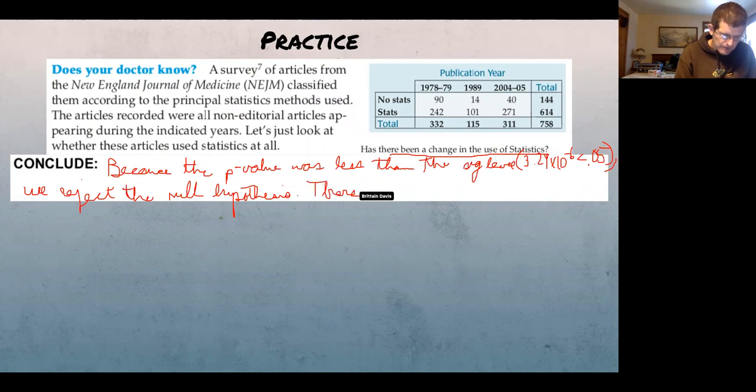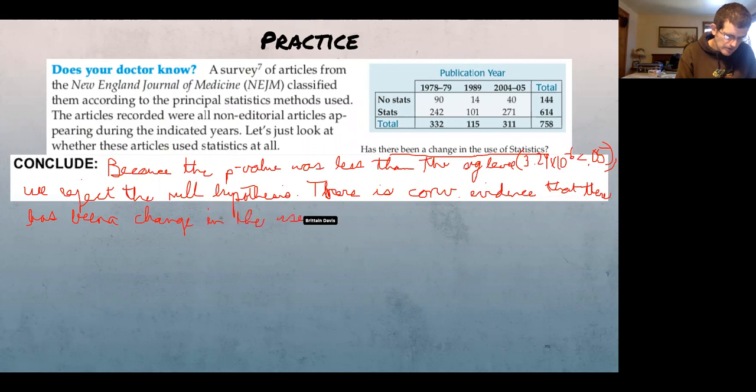There is convincing evidence that there has been change in the use of statistics, and I can even put more context: use of stats in the New England Journal of Medicine over time.